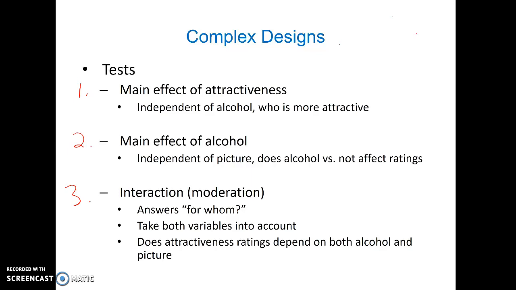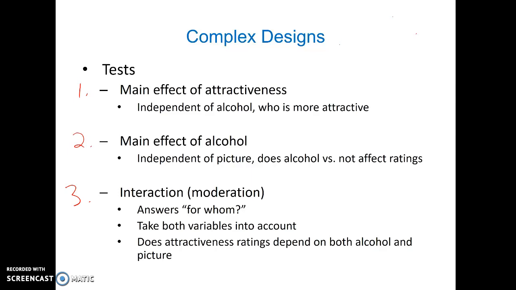It answers a specific question. It answers, for whom does the effect occur the most? So in our beer goggle example, it would be, for whom does the effect occur? And an interaction, what it answers for us is going to be, at what combination of levels of different independent variables are we working with that influence our results the most?